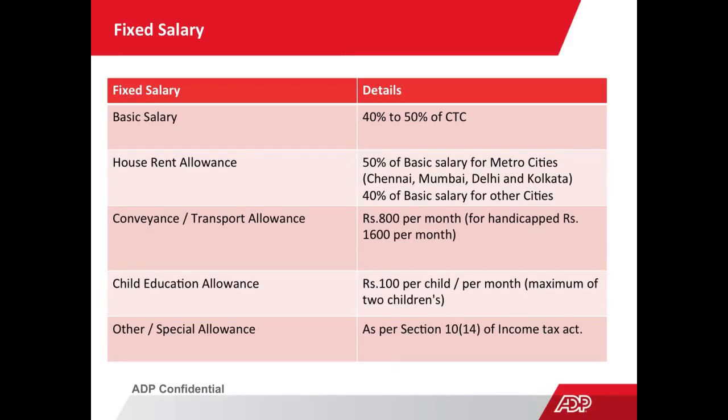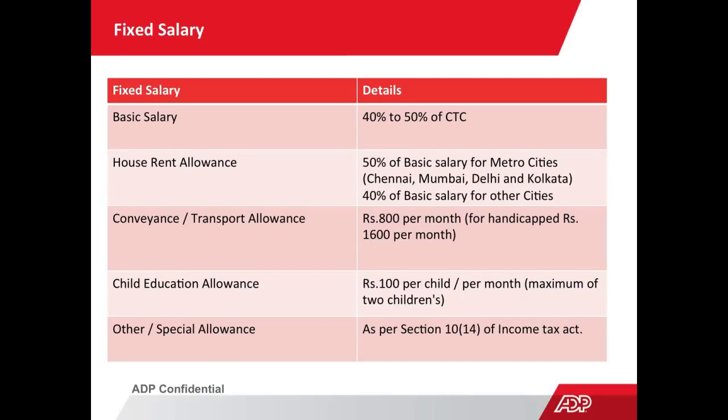Then we have other components of special allowances. A lot of components are defined under section 10(14). Whenever you are defining any component linked to section 10(14), make sure that the exemptions are calculated as per section 10(14). The typical allowances are, if the person is working in a hill station, then they get certain allowances which are directly exempted from tax.